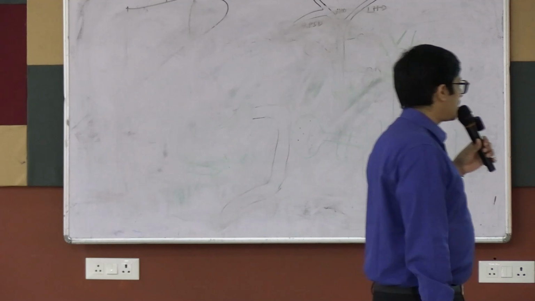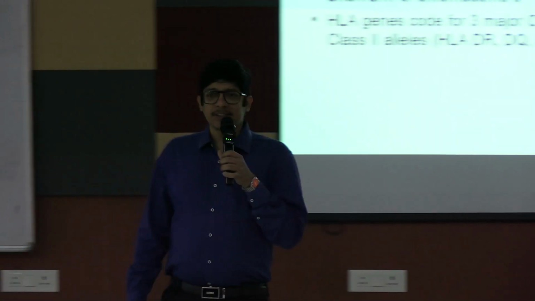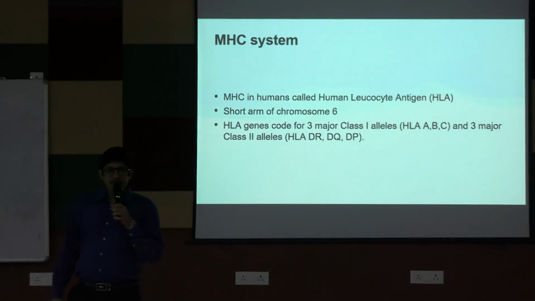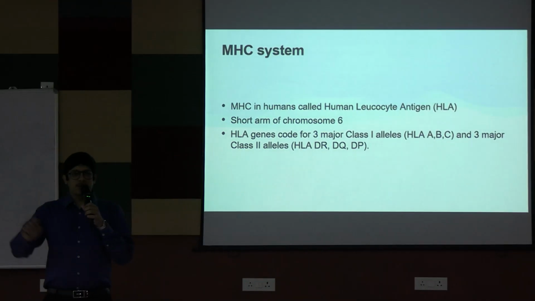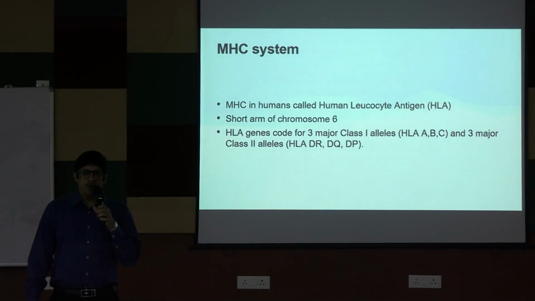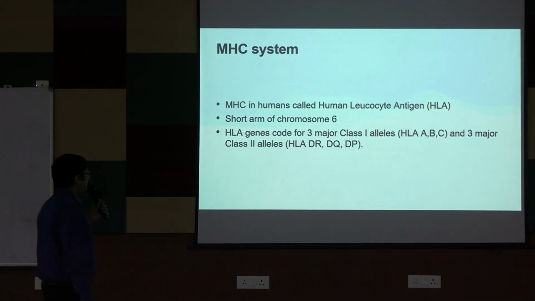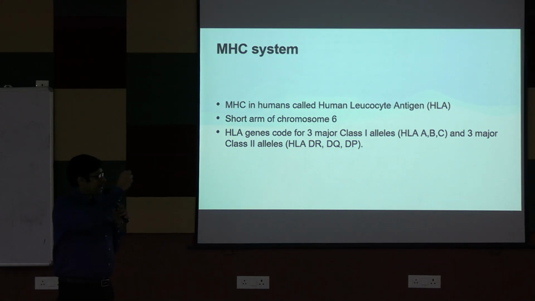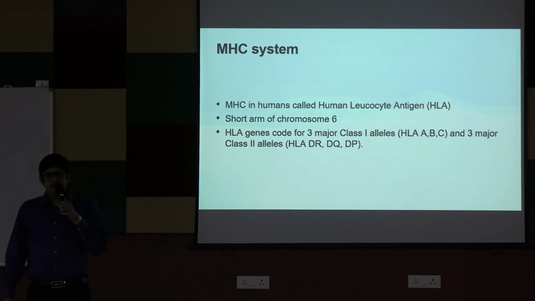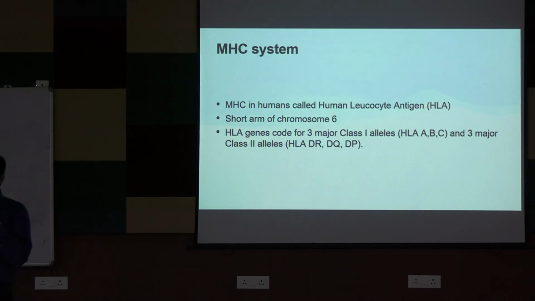Next is MHC typing. What is MHC? You just said the full form. Major histocompatibility complexes are present in all organisms. In human beings, it is present as the human leukocyte antigen. This is all, again, a very boring bit of information, but it is very important for your MCQ classes.